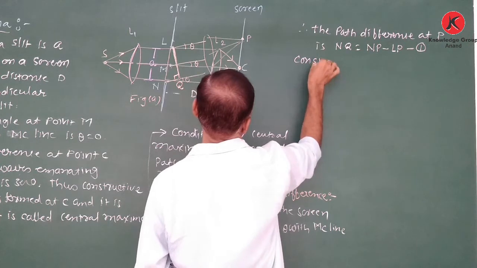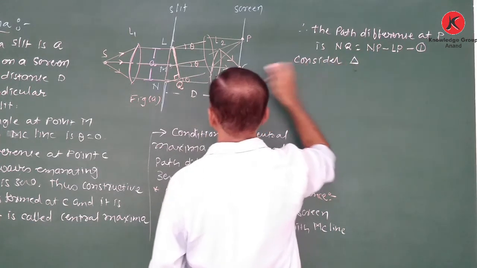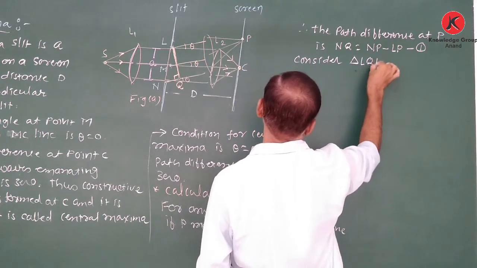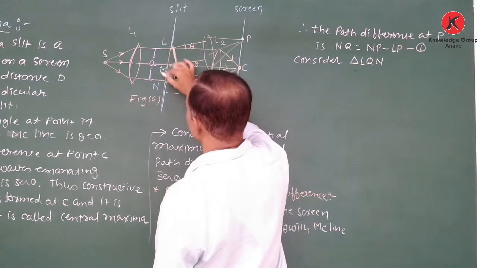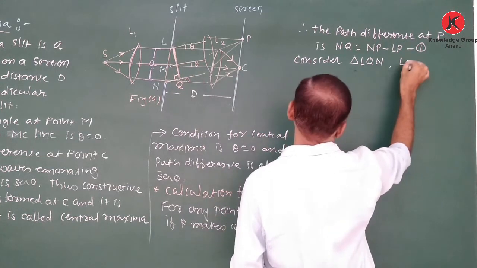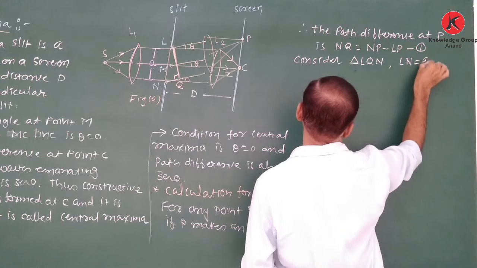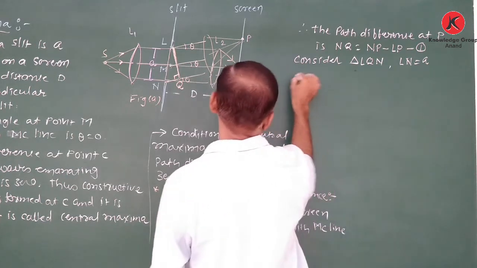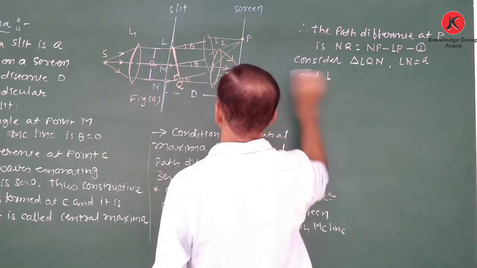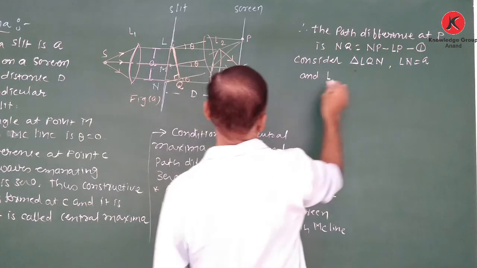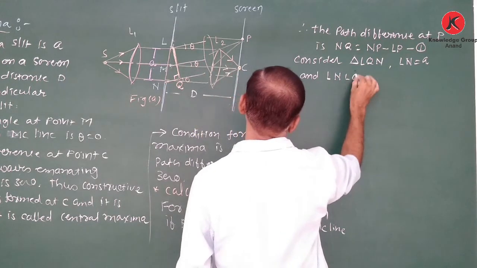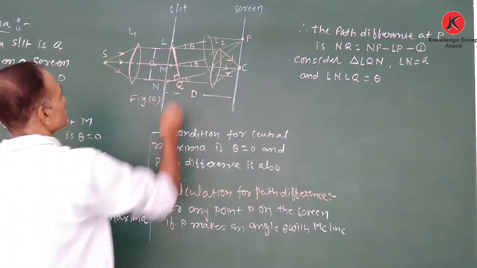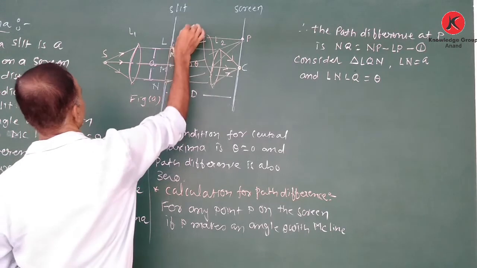Consider the right angle triangle LQN. Now LN is the width of the slit, LN is equal to A. And angle NLQ, suppose this angle is theta.